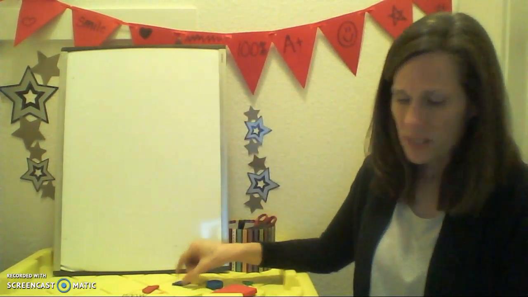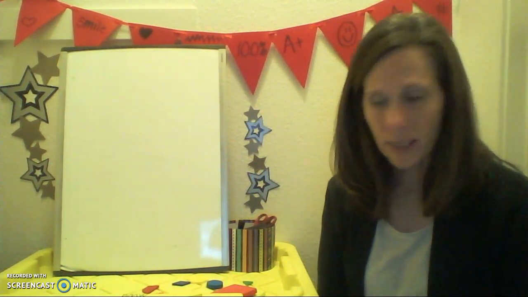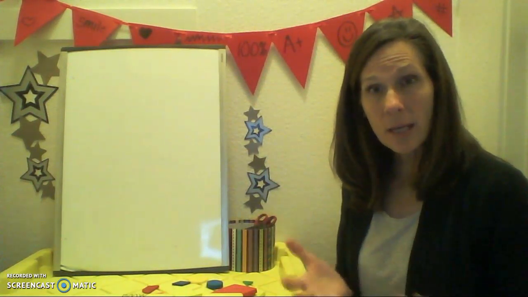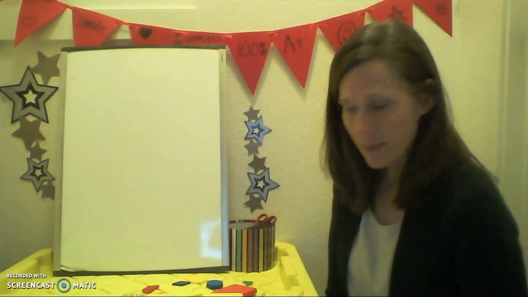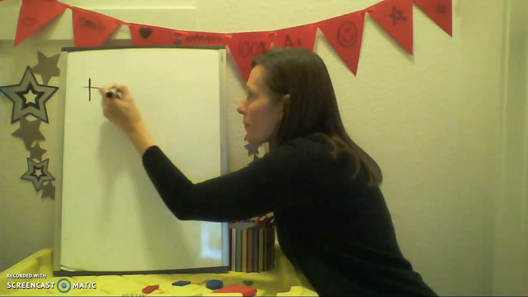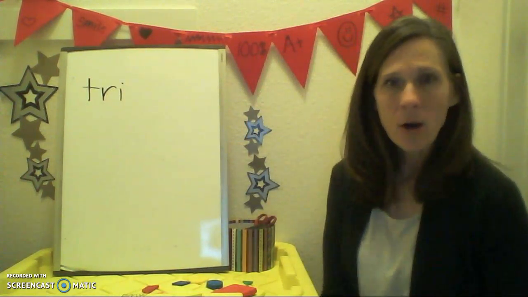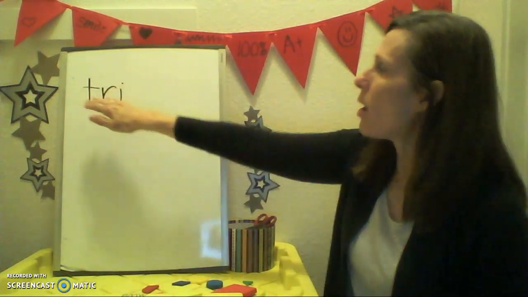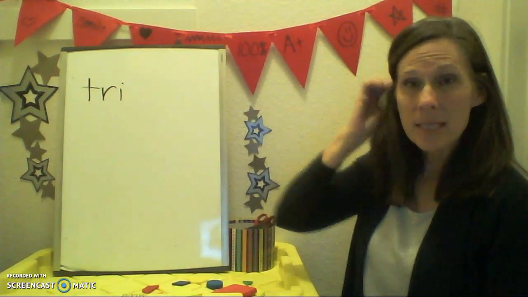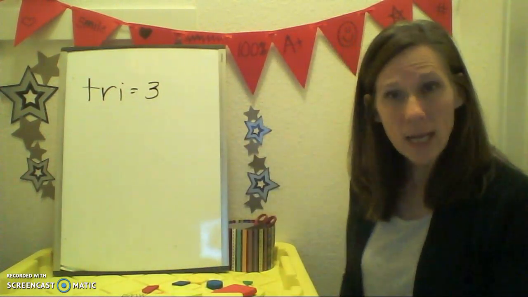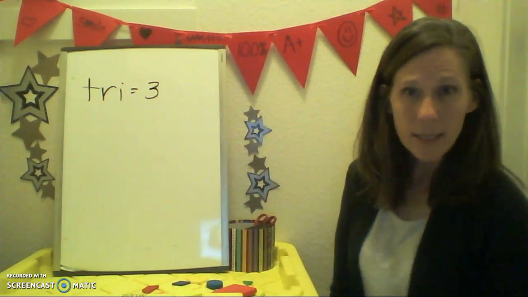Now, there are a few words to think about whenever we are looking at shapes. I want to write them up here to help you figure out shapes as you're thinking about how many angles and sides they have. The first word is the word tri. This is not try, T-R-Y, like I'm going to try and learn how to ride a bike. This is T-R-I, and in math, T-R-I means three. Can you think of a shape that has three sides?